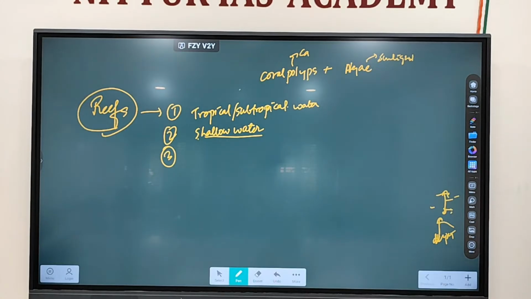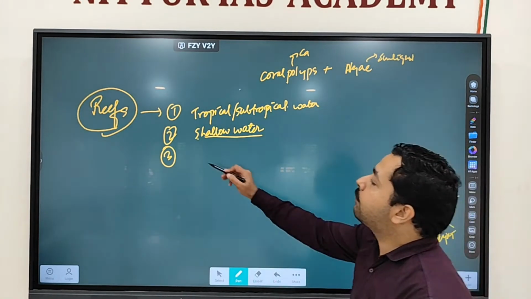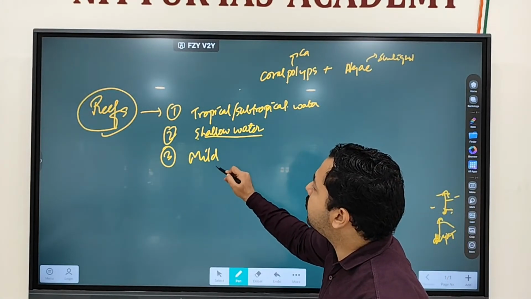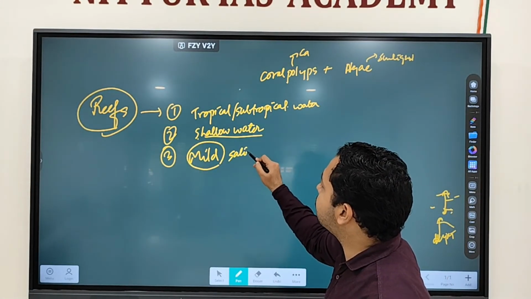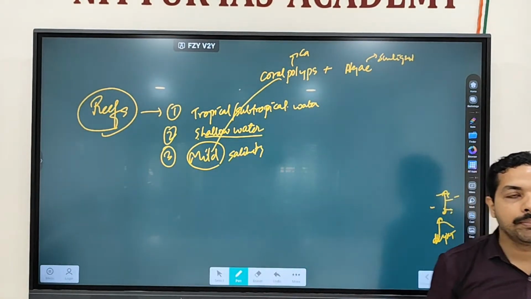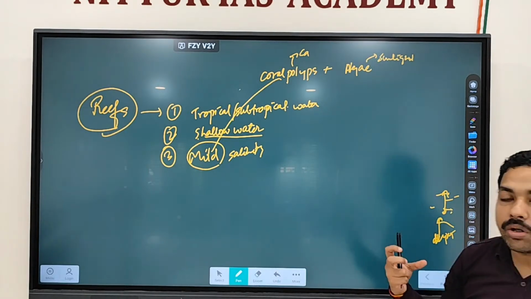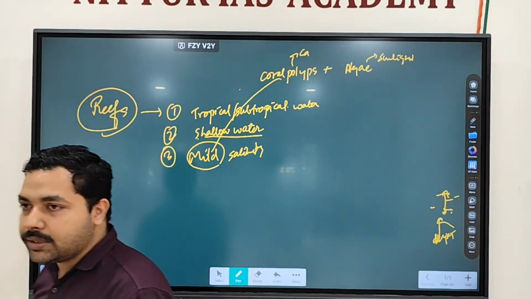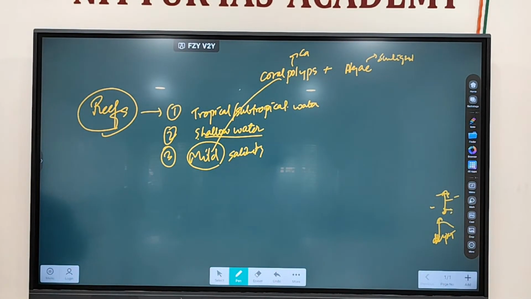That's why coral reef formation happens in mild salinity conditions. This mild salinity allows coral polyps to extract salt, and also allows algae to survive, because if conditions are too saline, algae will not be able to survive. That's why you always see coral reef formation in mild salinity conditions.